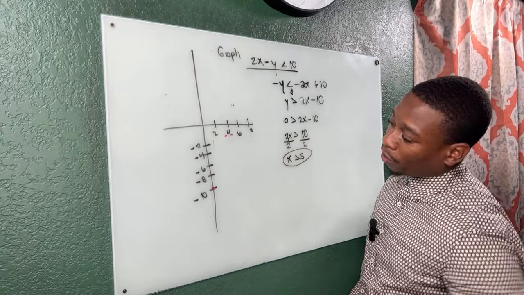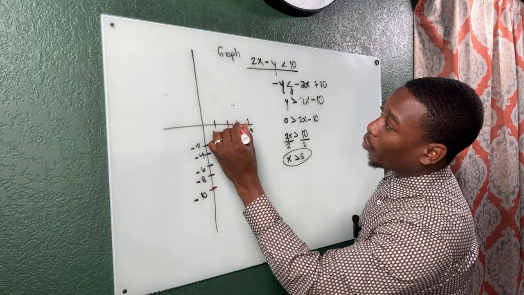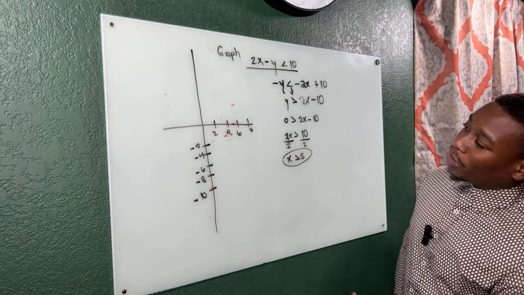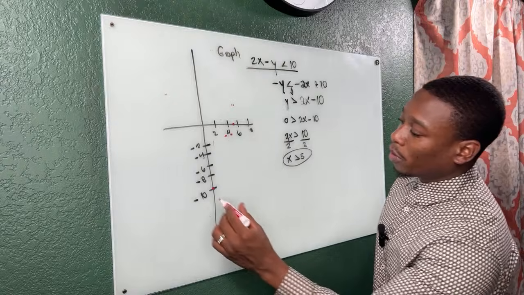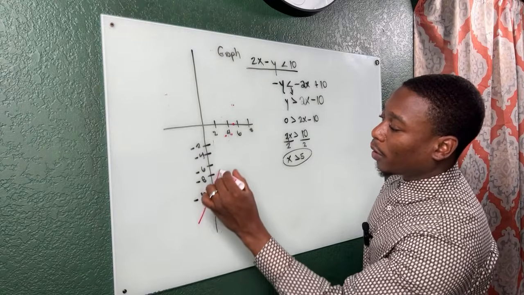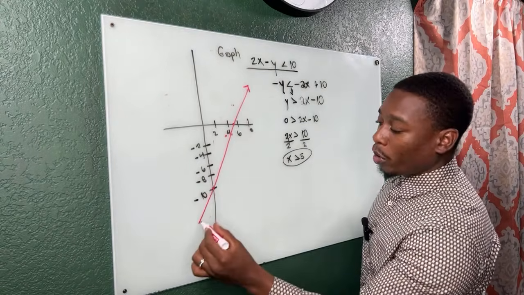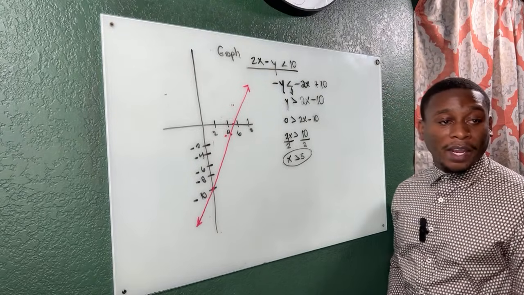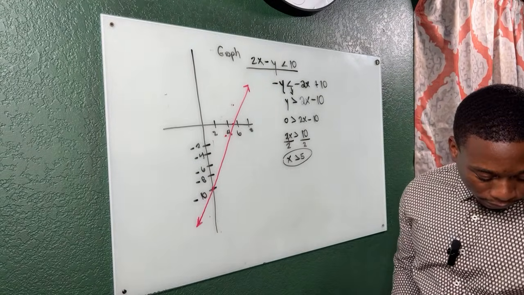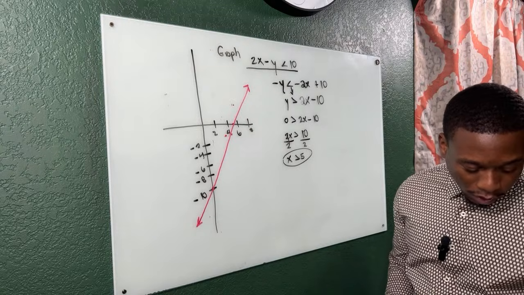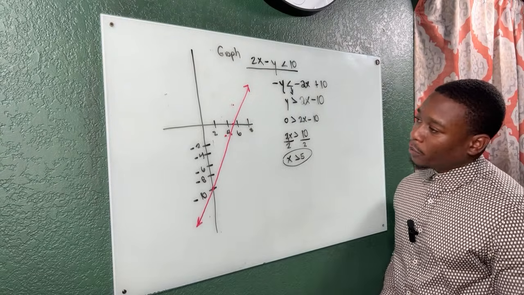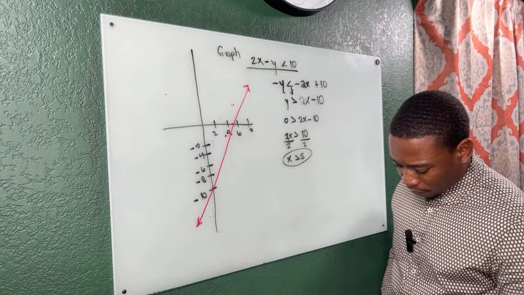So we go up here and go to 5, and we're going to plot our points. And we know this is a positive slope. So once I connect my 2 points, we're now trying to figure out which side we're going to graph on. Okay, we got that. So this is the easiest way to do it, family.